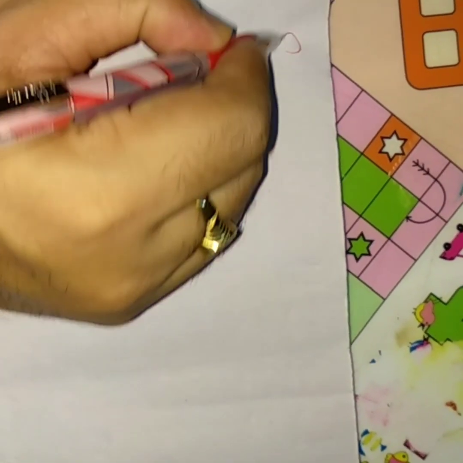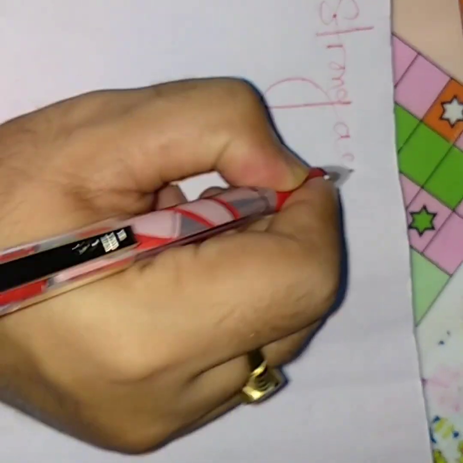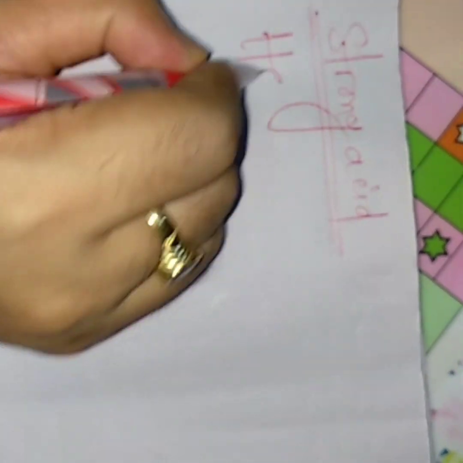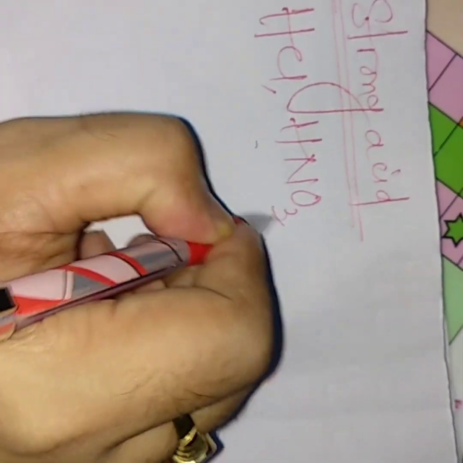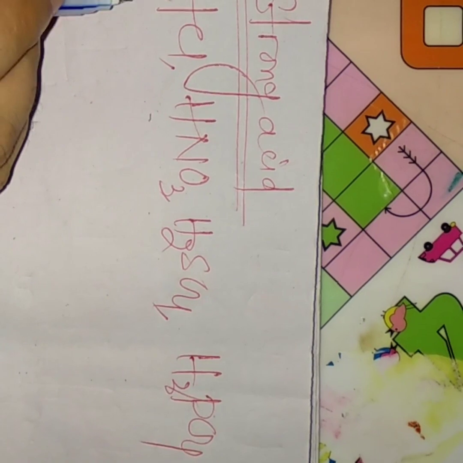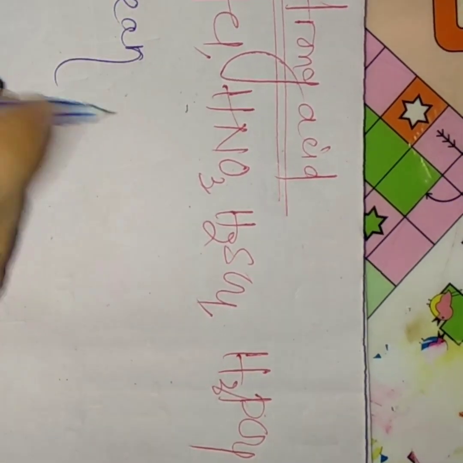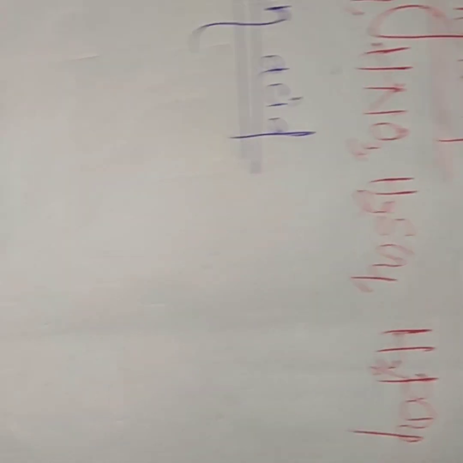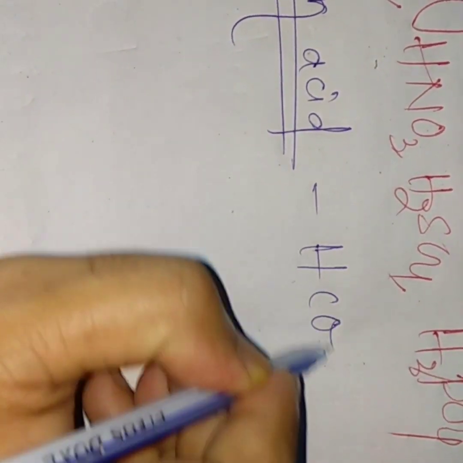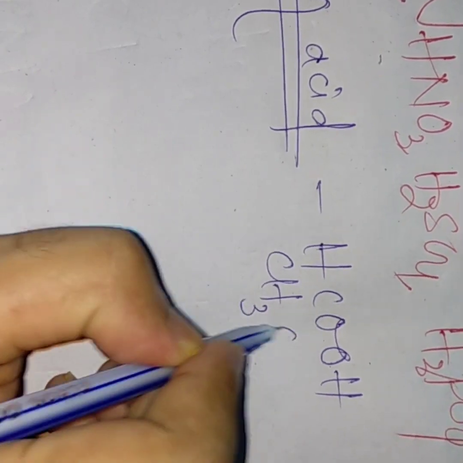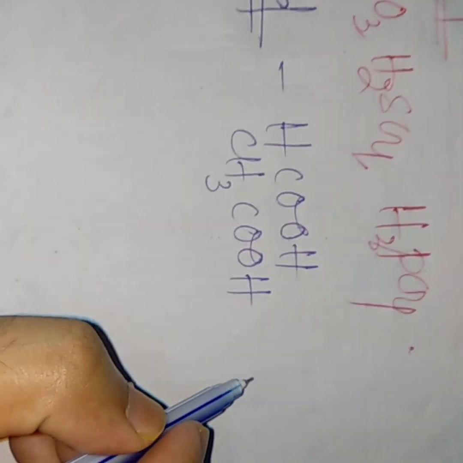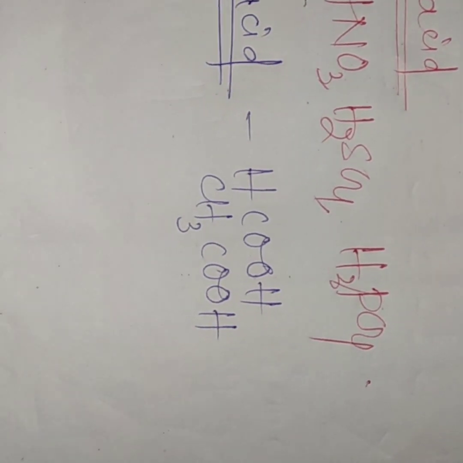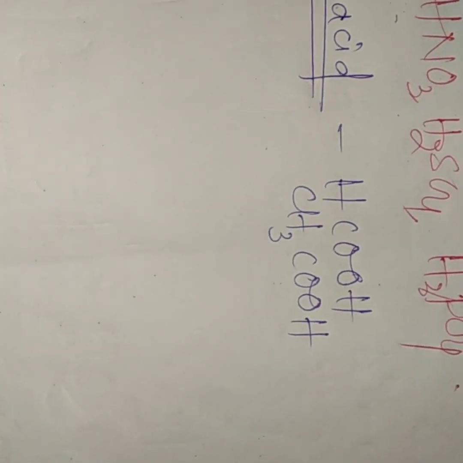So let us talk about some strong acids and weak acids. Examples of strong acid are hydrochloric acid, nitric acid, sulfuric acid and phosphoric acid. Examples of weak acid are formic acid HCOOH and acetic acid CH3COOH. So these are some basic examples of weak acid.